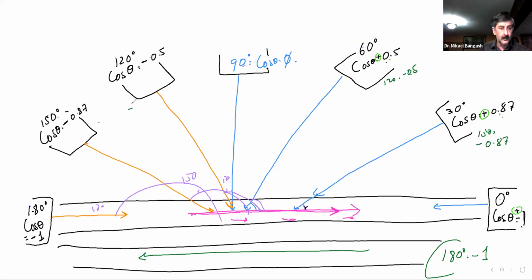So this would have been a 60-degree angle with a cosine value of plus 0.5, a 30-degree angle with a cosine theta value of plus 0.87, and this one here would have been 0 degrees, with a cosine theta value of plus 1. So this would have been it.